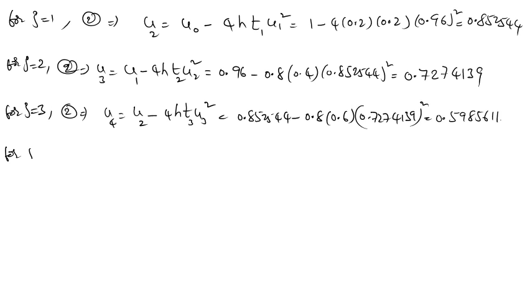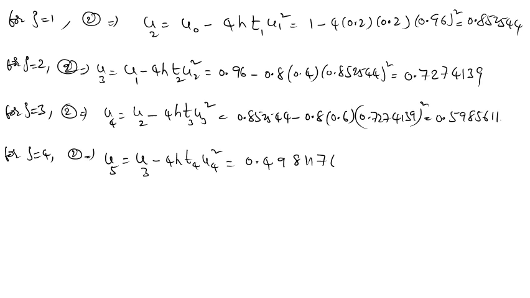And finally, for j equal to 4, equation 2 implies u5 is equal to u3 minus 4h t4 u4 square. Substitute all the values and this is 0.498176, right?